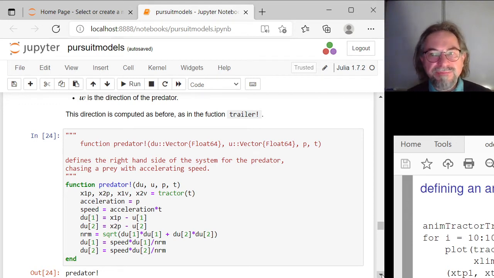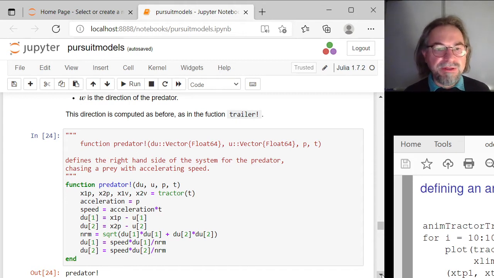So we will have a predator that accelerates toward the prey, which is most likely more realistic, and the prey here, which is unrealistic, doesn't really notice the predator and happily keeps on running in a circle. So we have the same model for the prey.